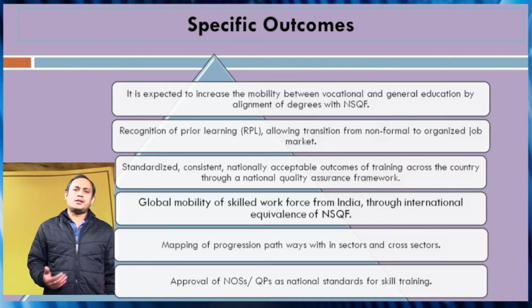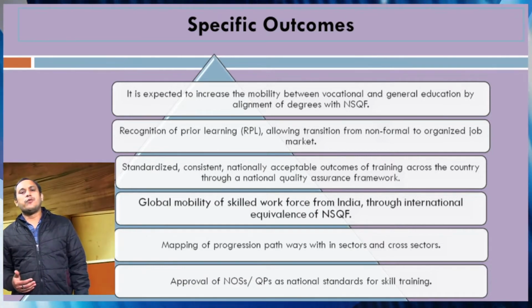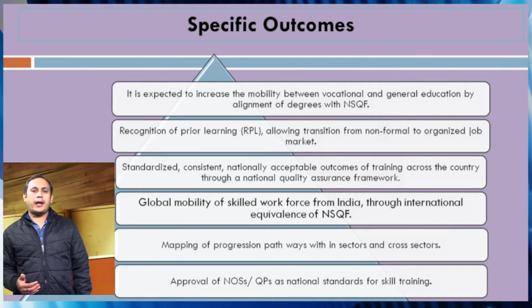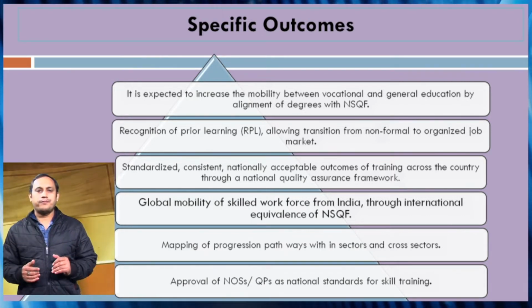Now we'll discuss what are the specific outcomes of NSQF. So the first specific outcome is that it is expected to increase the mobility between vocational and general education by alignment of degrees with NSQF.